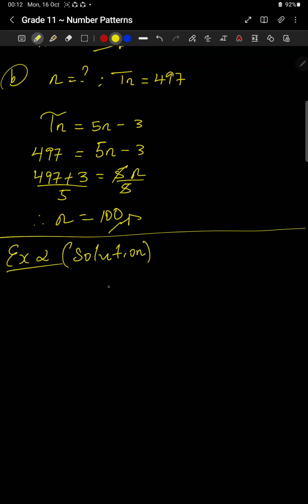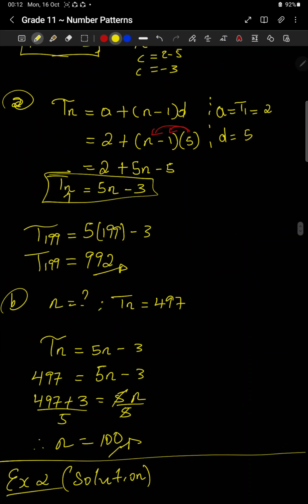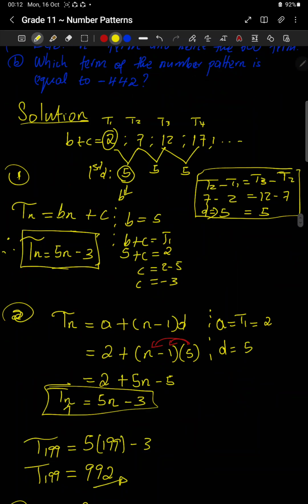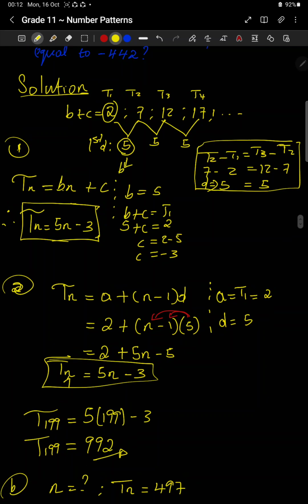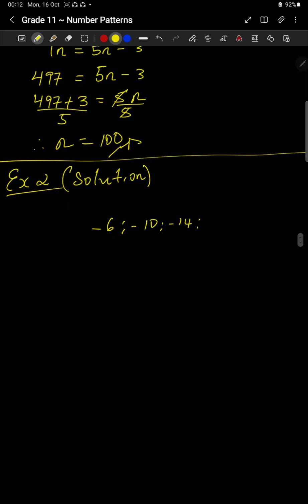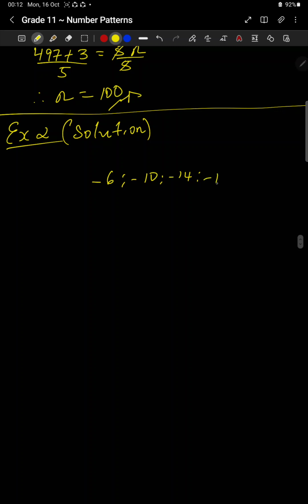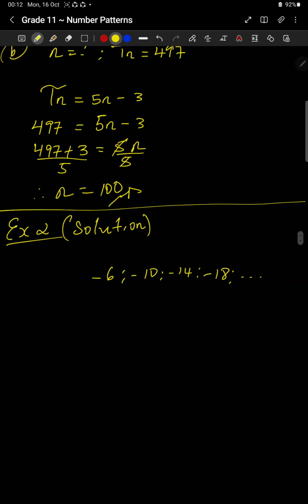Given that -6, -10, -14, let me just double check, what is it, 18? Oh yeah, it's -18. Therefore now we do the same here, guys.